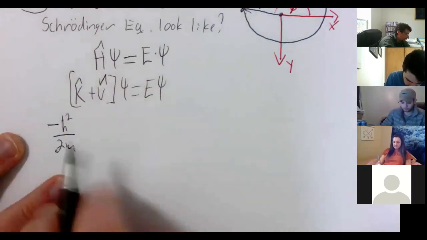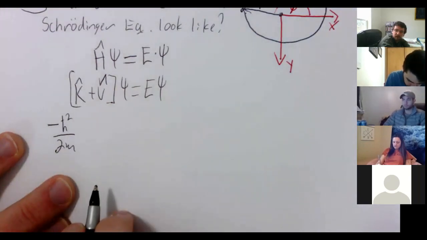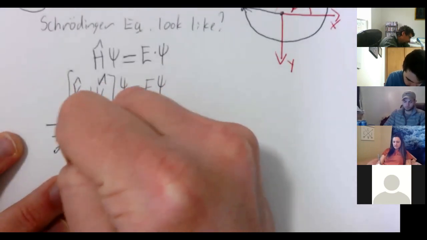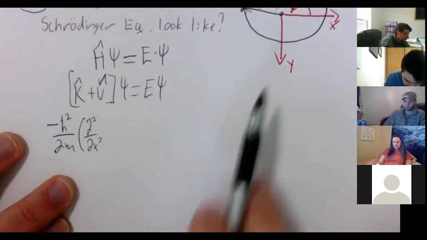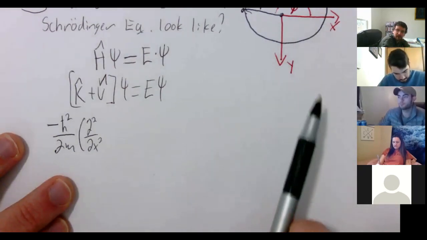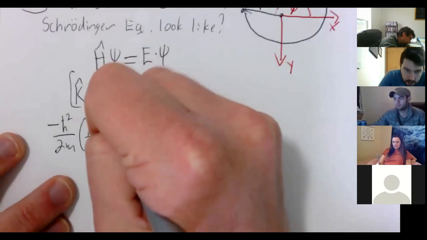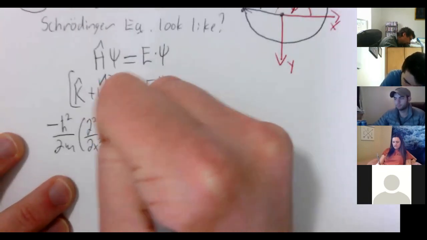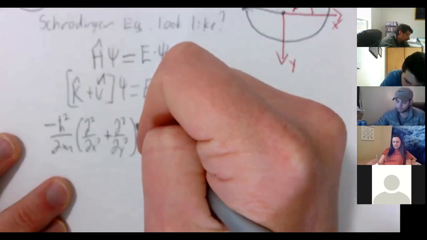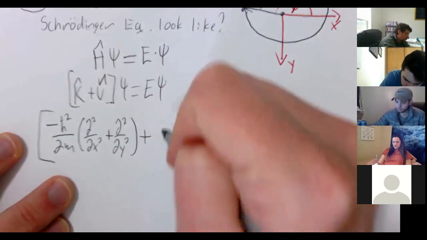Yep. And then what else do we need here? The d squared over dx squared. Yep, and we have an x direction. What else do we need? And then d squared over dy squared. Yep. Okay, so that's the kinetic energy portion. What about the potential energy?